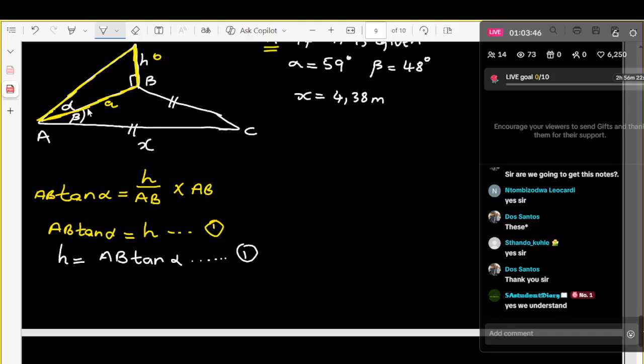Reason: angles opposite equal sides. Why am I saying that? Because they said this is equal to that, so these two angles will be equal.